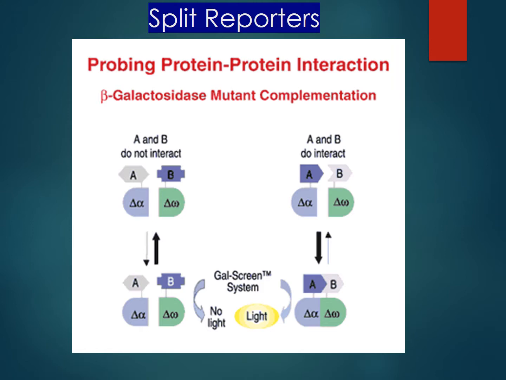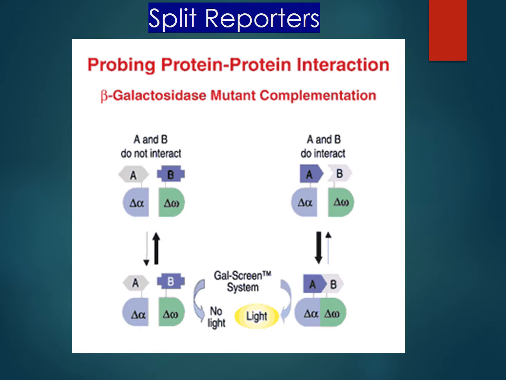It's now a functional enzyme. So this is the functional beta-galactosidase enzyme. When you put the substrate in, it breaks it down and releases light in a certain wavelength that is detected, and that light is a reporter. It reports to us that A and B must have found each other. That's the only way light would have come in.